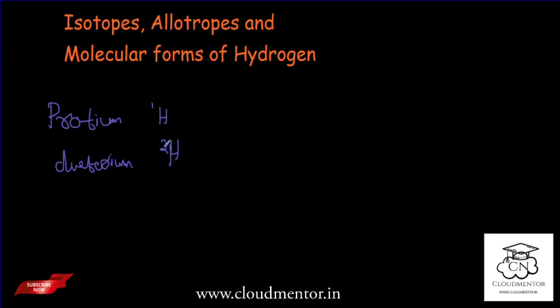The above one is the mass number, and both of them have the same atomic number. Deuterium is sometimes also denoted by capital D. And the third isotope is tritium, denoted by H3, and also denoted by capital T.